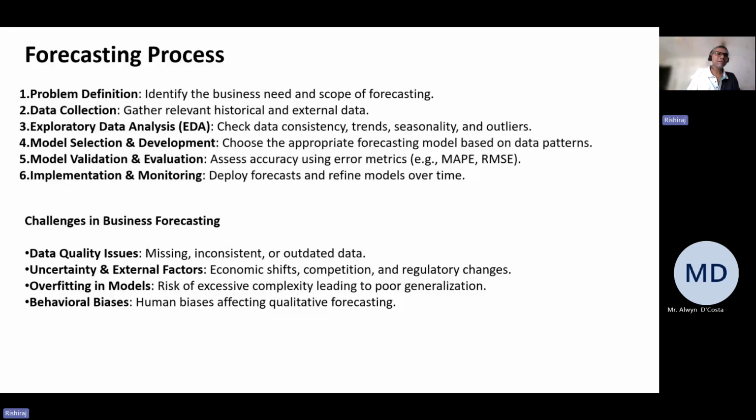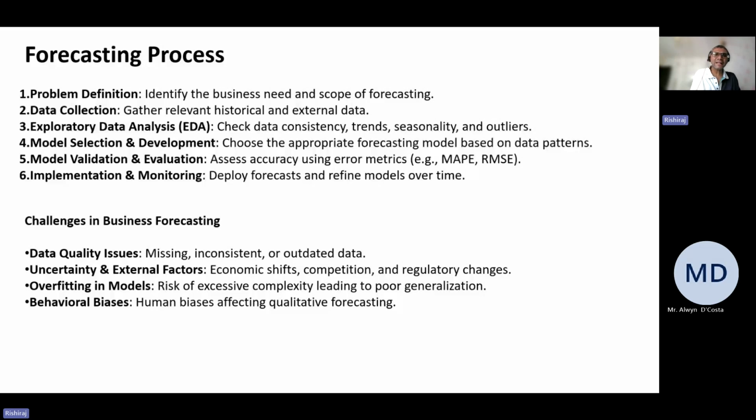So what are the challenges in business forecasting? First, we have a data quality issue. The data that we collect, even from companies' own sources, or from market research, or from CRM software, or from a secondary report from industry journals, or government of India, or state government reports, which you can access through the public domain when the government publishes a lot of reports, or you can access through RTI.